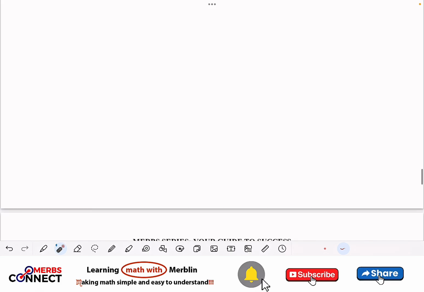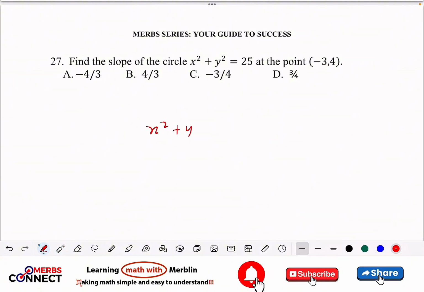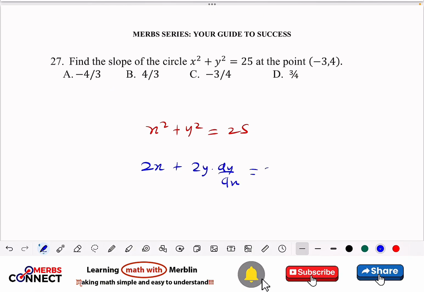All right, let's look at question 27. We are almost there. We want to find the slope of the circle, right? We just need to use implicit differentiation here. The circle is equal to 25. Differentiate x squared and we have 2x, plus y squared gives 2y times dy over dx, equal to 0.